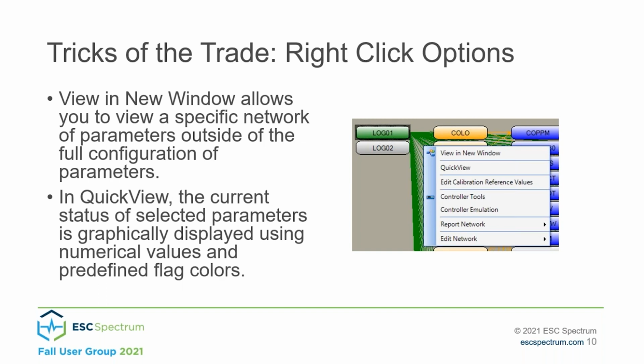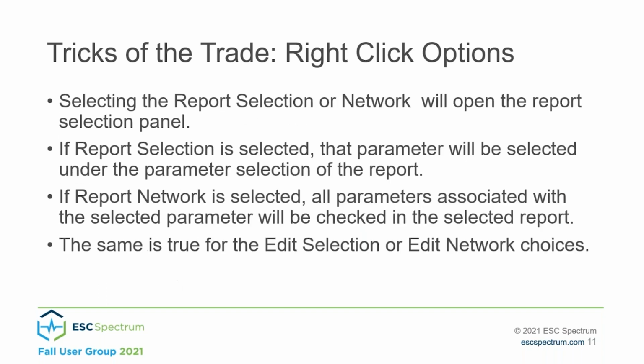And I would say the most important option to consider is your Edit Selection, your Edit Network option. That is going to bring up the DataLab and DataLab viewer. I prefer you take that route when you're navigating your data, because essentially what you're seeing in DataLab or DataLab viewer is what's going to be shown in the reports.